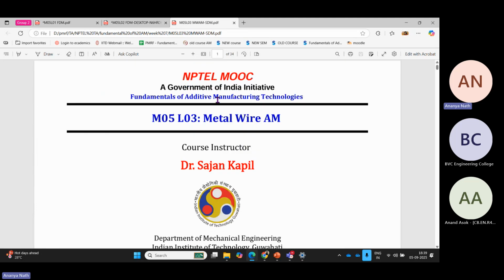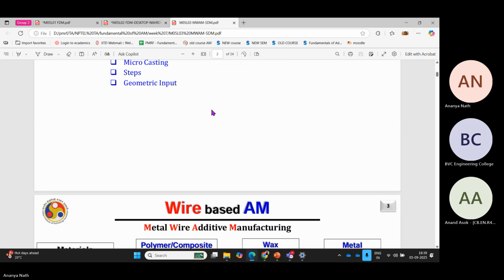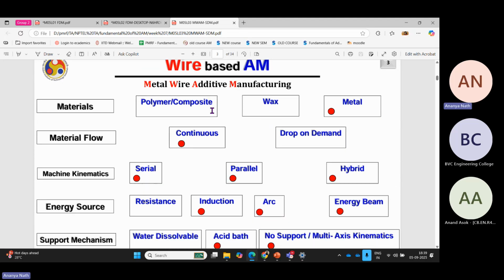Now comes the third portion where we are going to talk about the metal wire AM process. So in case of metal, things change because now your temperature is going to increase. Your pinch roller mechanism is going to be stronger because now you're squeezing a metal, not a polymer.